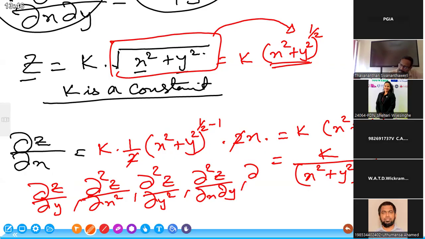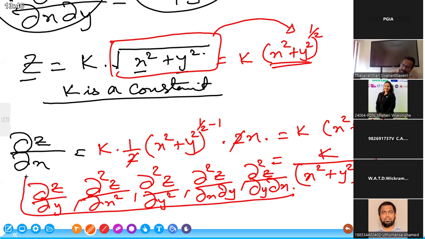The last one daba square z by daba y daba x. Can you find out all these 5 components? Actually, these two will be equal. That means we will have the same answer. All right. Okay. Any questions? This is about the partial derivatives. Any questions?